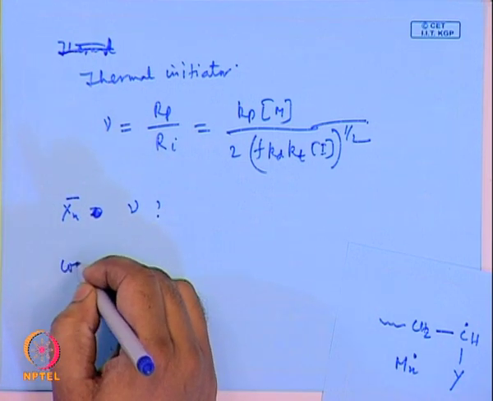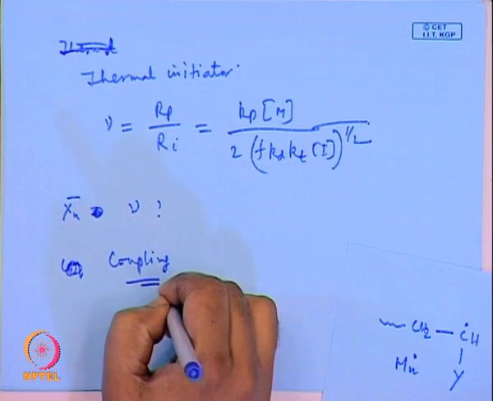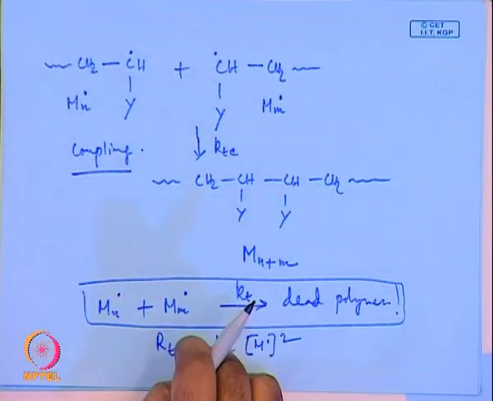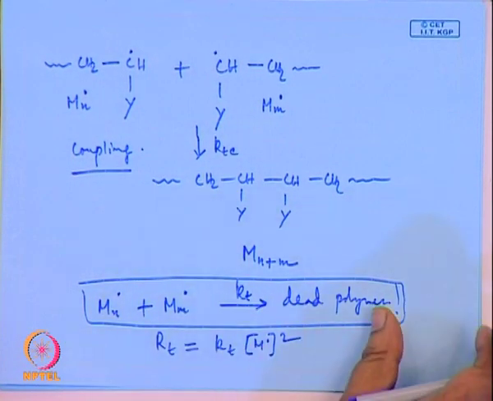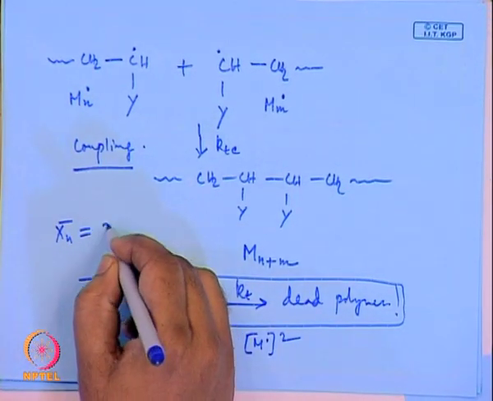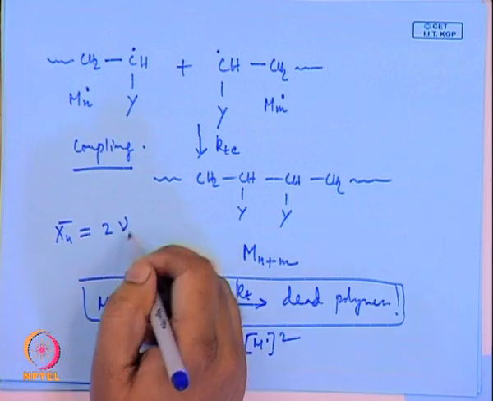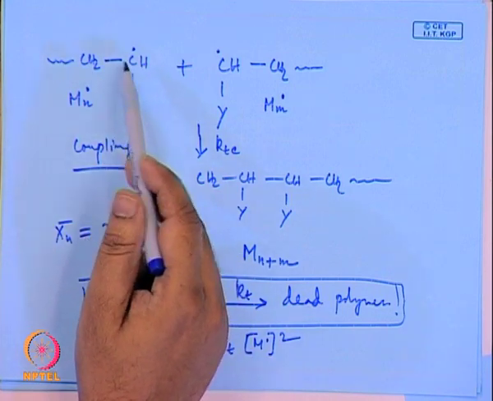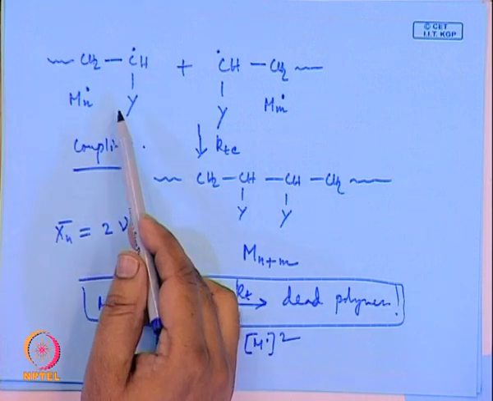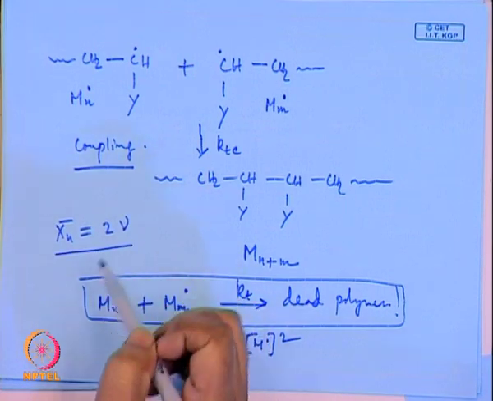If the termination is done by coupling, then Xn bar, the average degree of polymerization, would be twice nu. Nu is the average number of monomers consumed in this chain. So, the degree of polymerization will be the summation of this plus this, and we are talking about average. So, it is 2 nu.